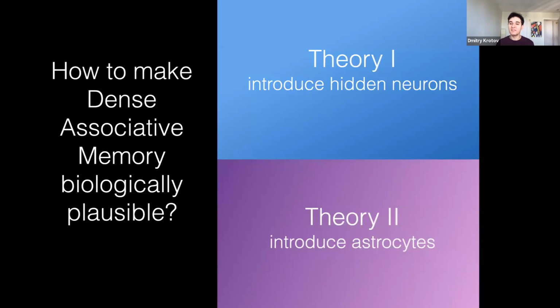So microscopically, they are described by slightly different kinds of equations. But once you integrate out certain degrees of freedom, you arrive at an effective theory, and the effective theory would have these many-body couplings. The difference between theory 1 and theory 2 is that in theory 1, these many-body couplings arise after integrating out neuronal degrees of freedom.